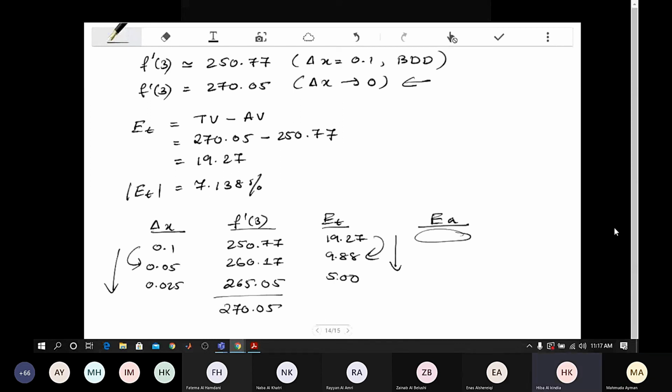We cannot calculate it for 0.1 because we don't have a previous value, right? Yes, great.